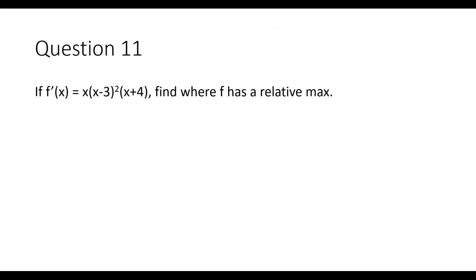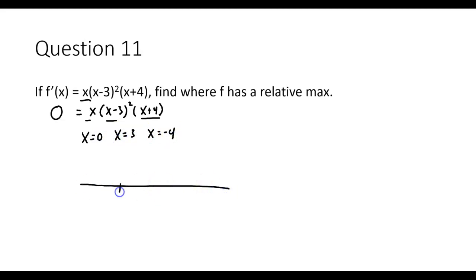It's actually pretty much the same thing. We're still going to do a number line test, but they just want to know where we have a relative max. So you are going to make this thing equal 0. You're going to set each piece equal to 0 and solve, and you end up with these.